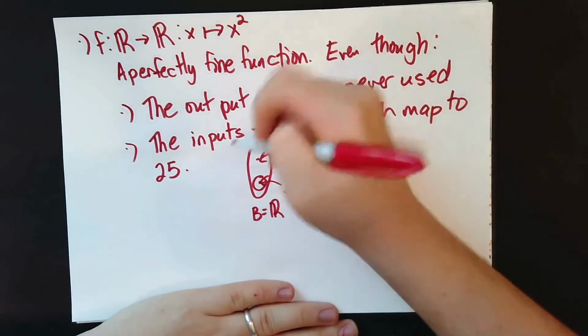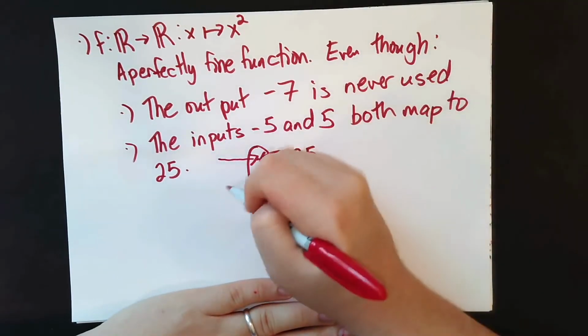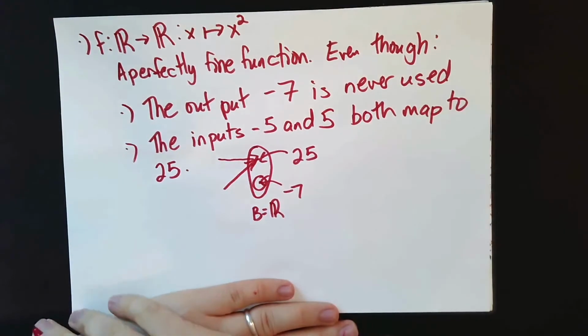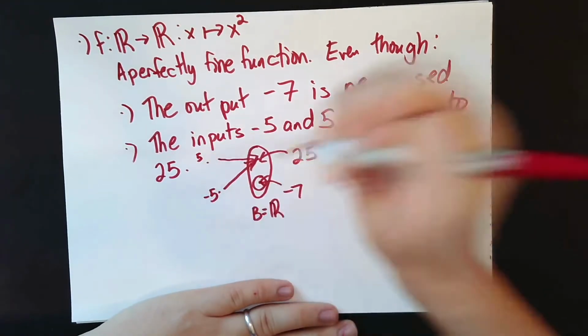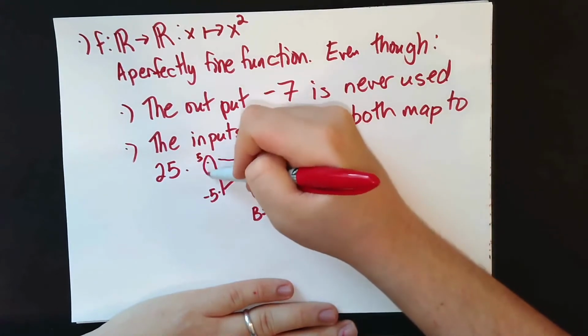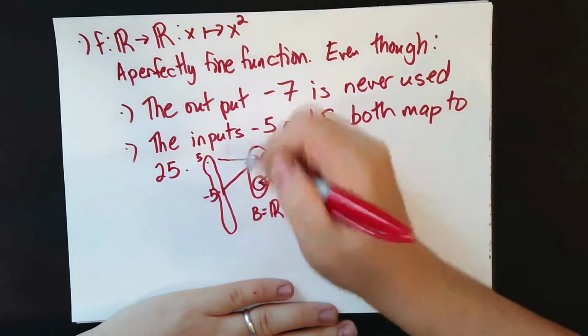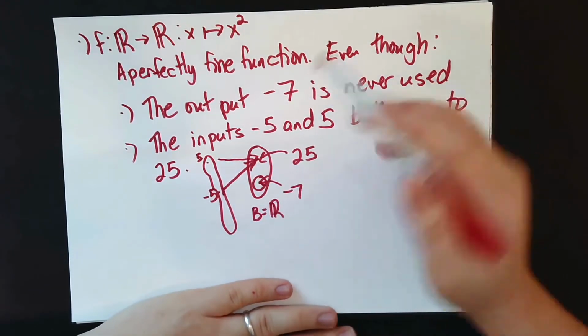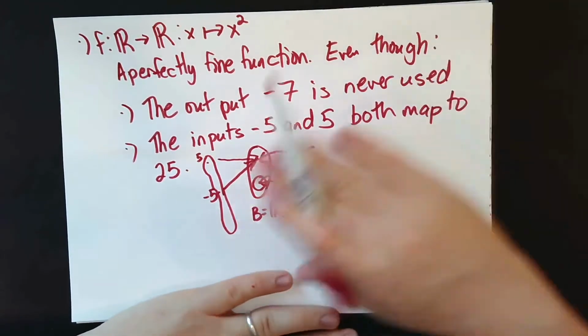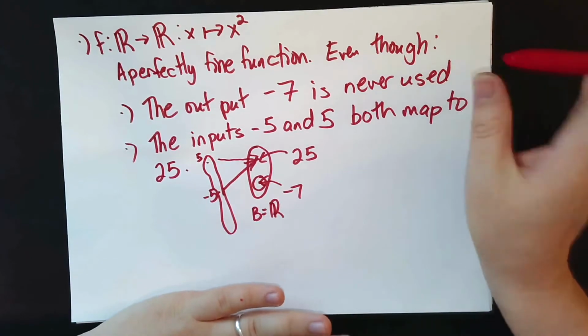But in fact, 2 different elements map to 25, namely both 5 and -5. These over here in A, among, again, infinitely many other things not depicted here. And both of these things, again, I just want to reiterate, are perfectly fine. This is a regular, ordinary function.